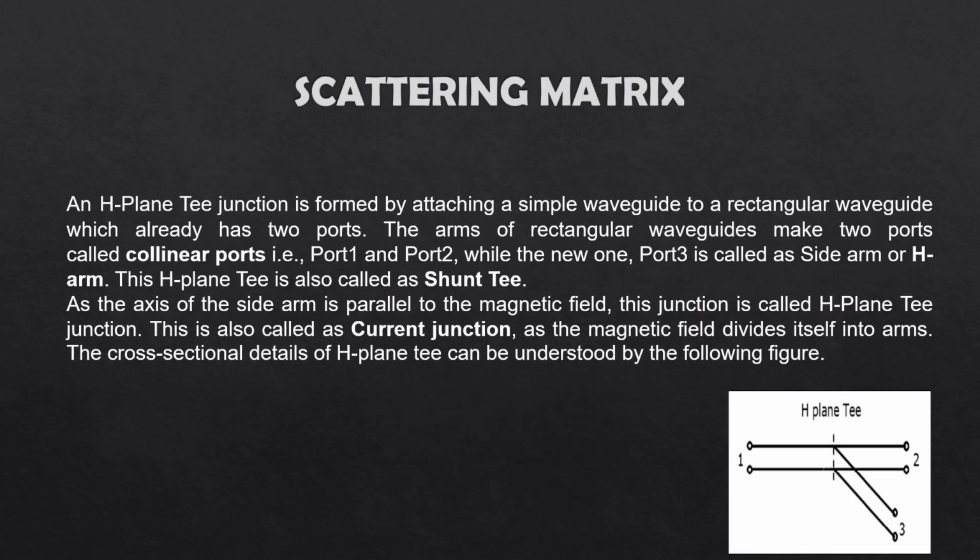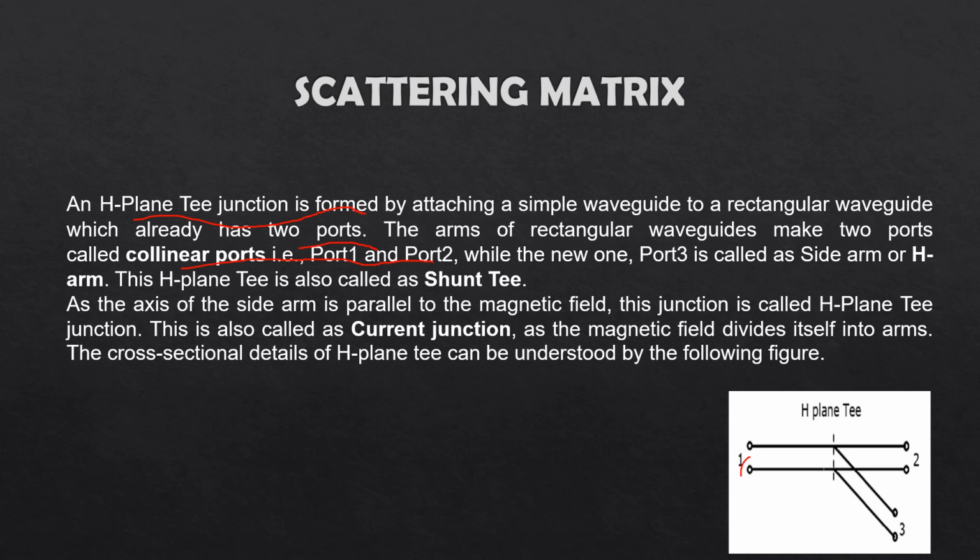Now let us see what is meant by scattering matrix. An H-plane T junction is formed by attaching a simple waveguide to a rectangular waveguide which already has two ports. The arms of the rectangular waveguide make two ports called collinear ports, that is port 1 and port 2.